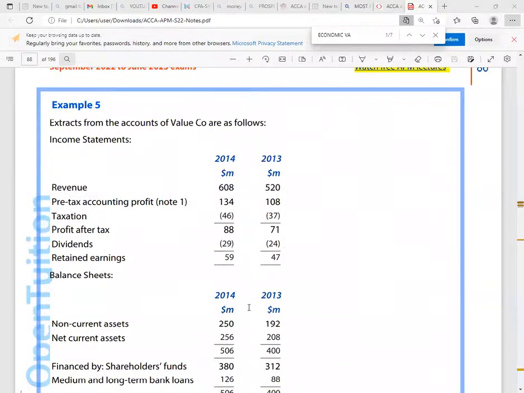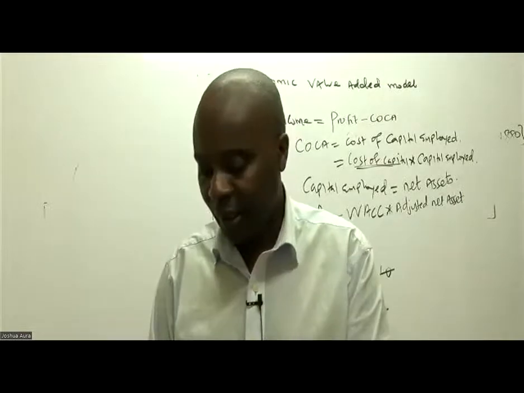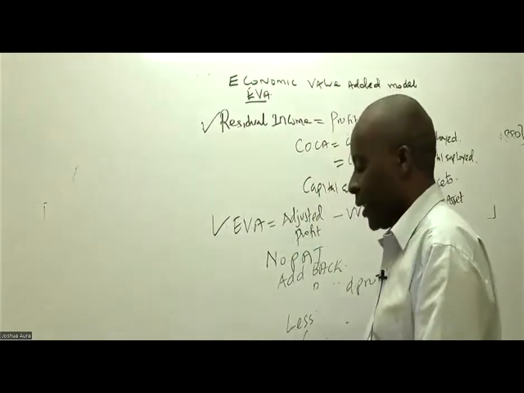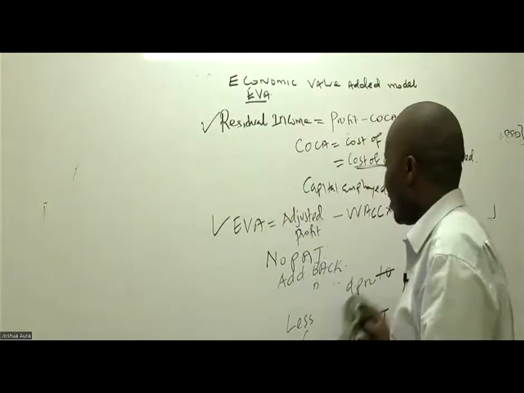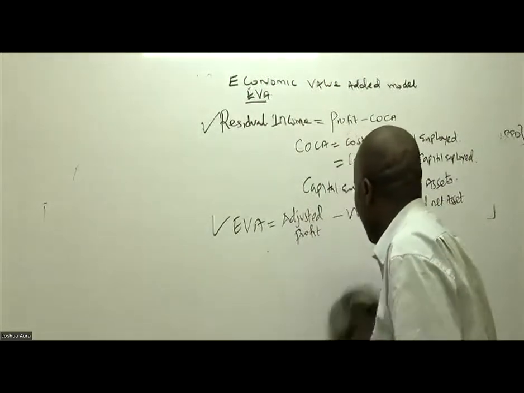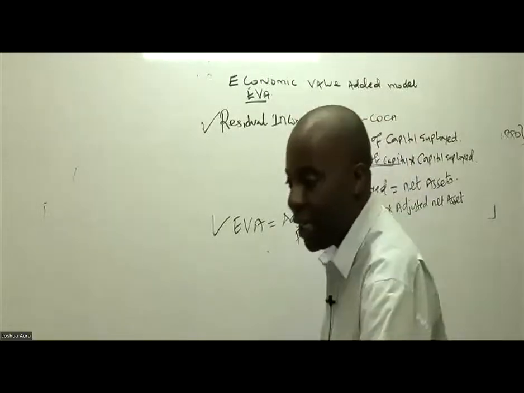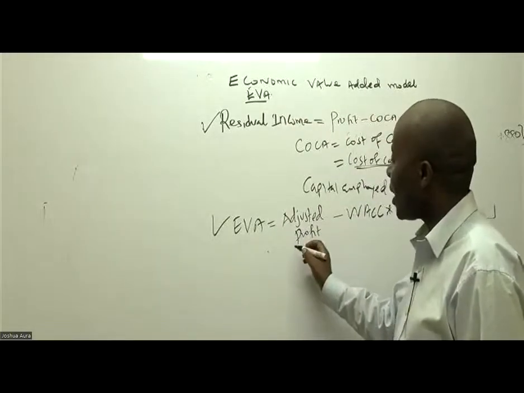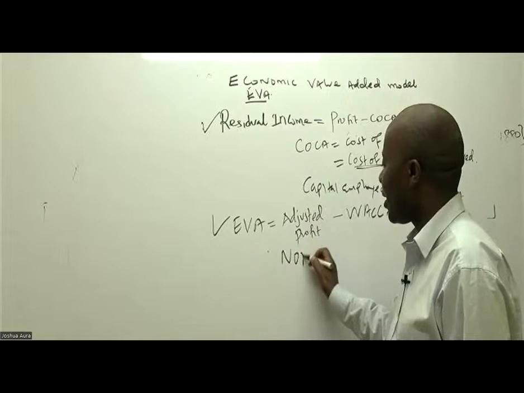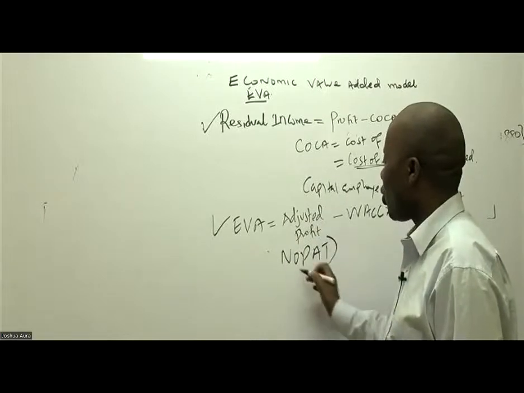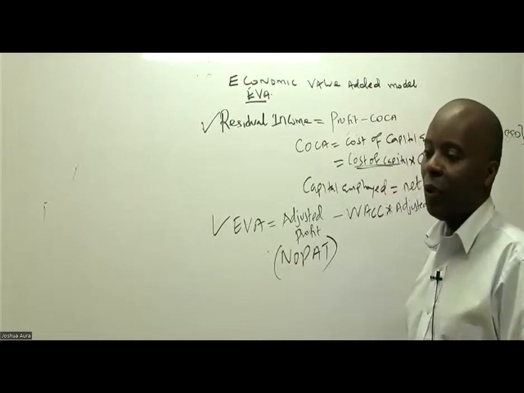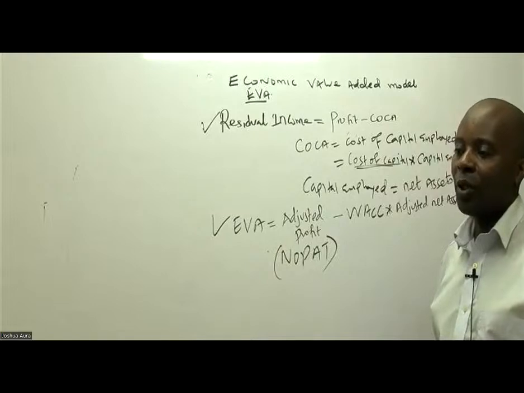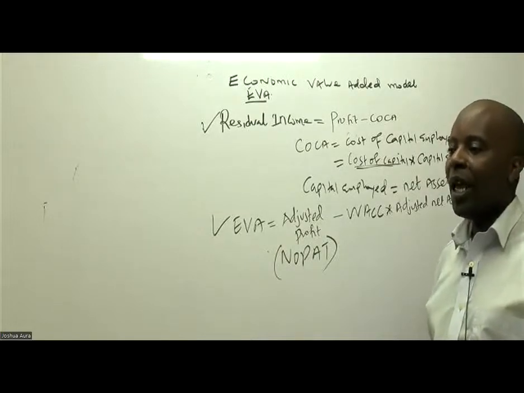And as I do that, I expect you to remember that our EVA here is based on adjusted profit. This adjusted profit is what we call the NOPAT, net operating profit after tax.